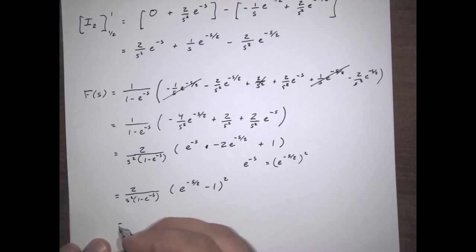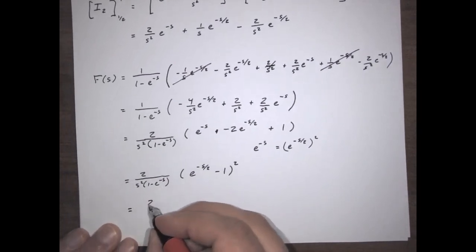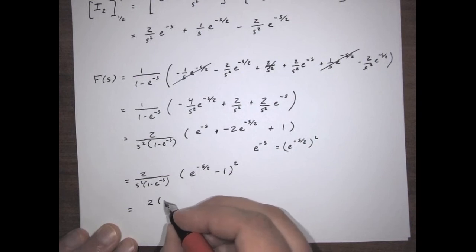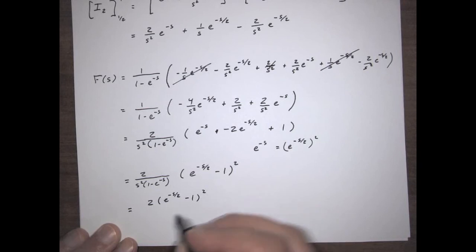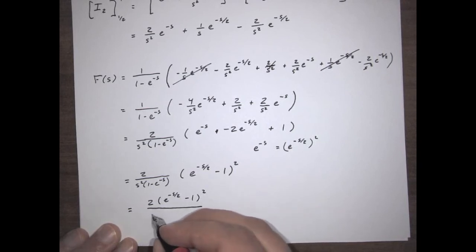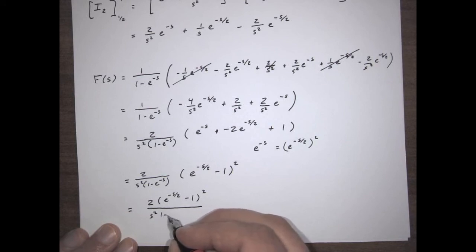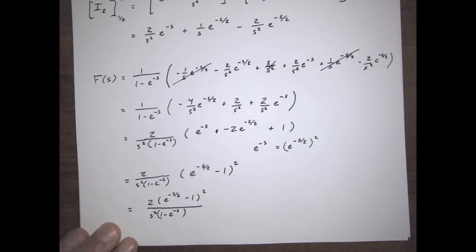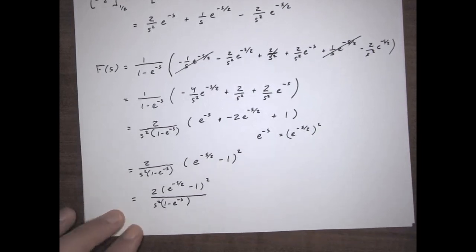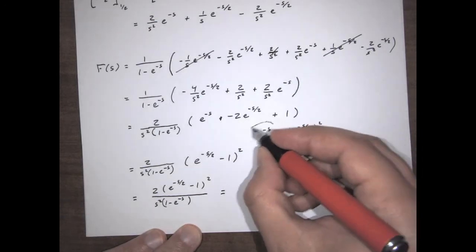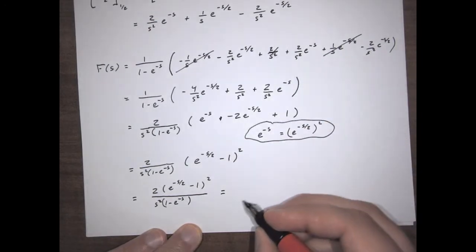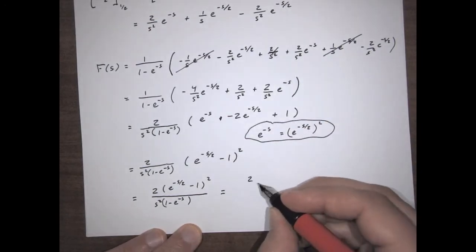So then I could put this a little bit more succinctly as 2 times e to the minus s over 2 minus 1 squared over s squared times 1 minus e to the minus s. But again, because of this fact, this is actually equal to 2.